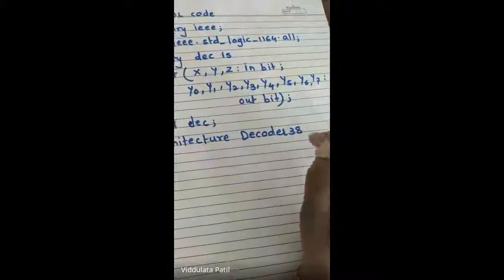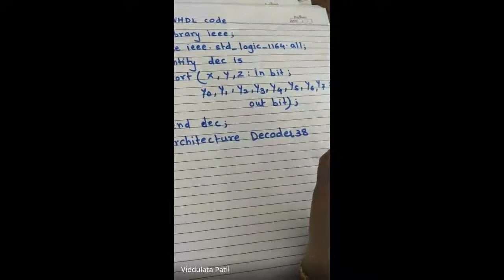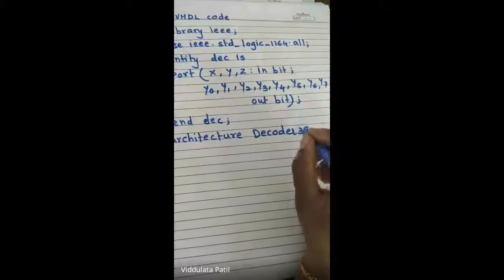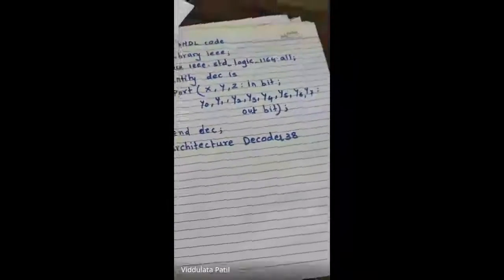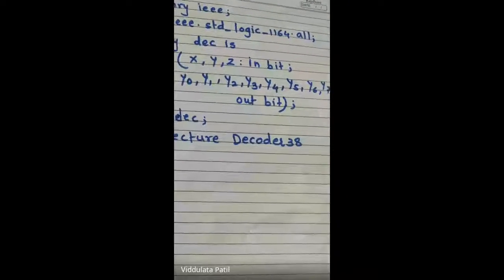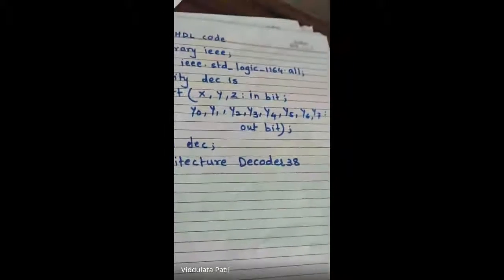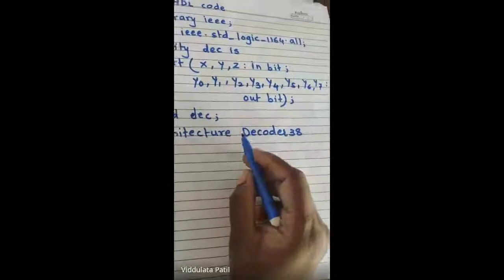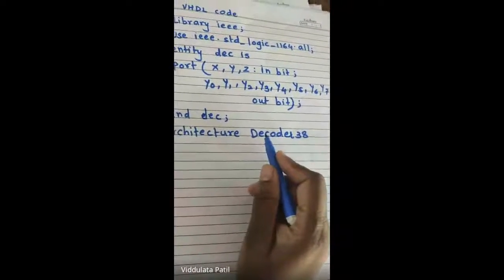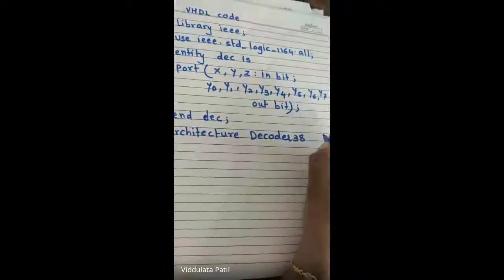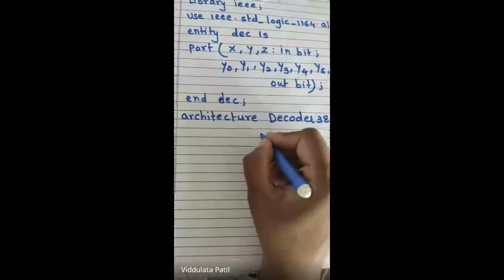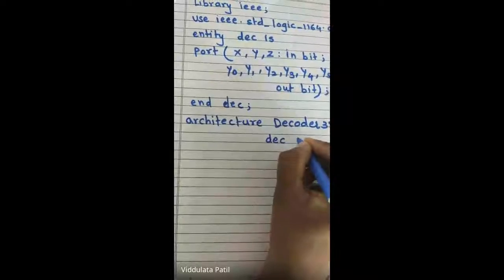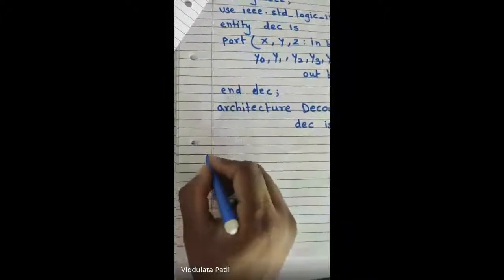You can use letters as well as digits, alphabets and digits, and one more special character, that is underscore, while giving the name. But a digit cannot be your first letter. So here decoder 38 is the name that I have given to this entity DEC. Okay, then begin.